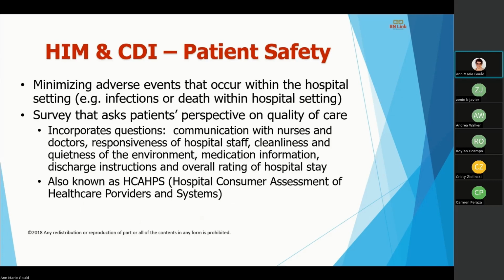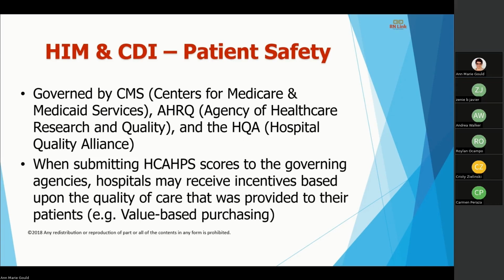Okay. This all plays a role. You do want a high HCAHPS level. You want at least an 80%, 85% or higher. When you start getting HCAHPS scores around 60 or 70, that's telling me the hospital is not doing a really good job with maintaining patient safety for those patients. These are all governed, patient safety is governed by CMS, AHRQ, and the HQA, which is the Hospital Quality Alliance.